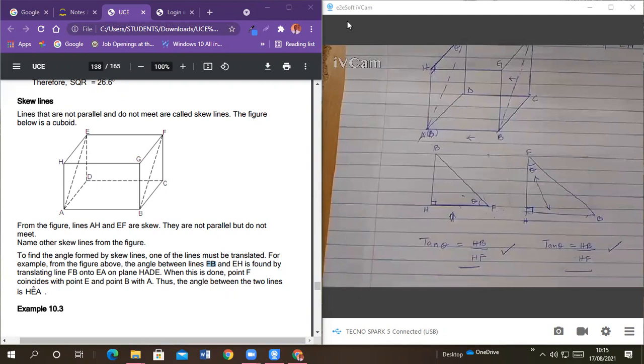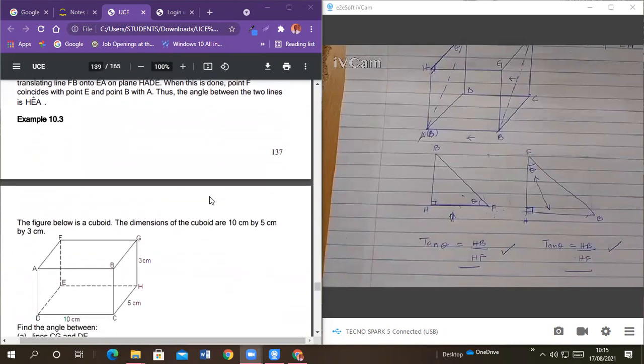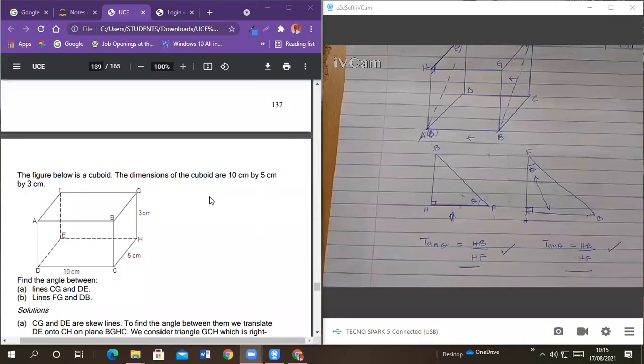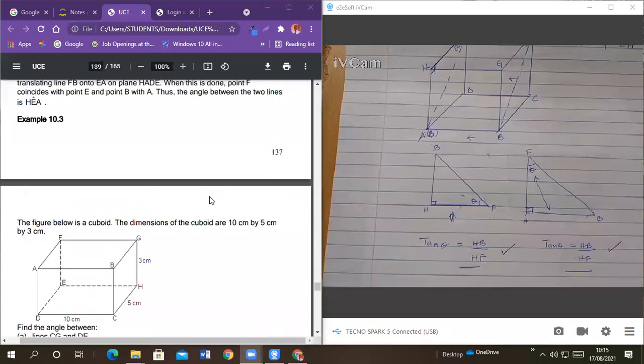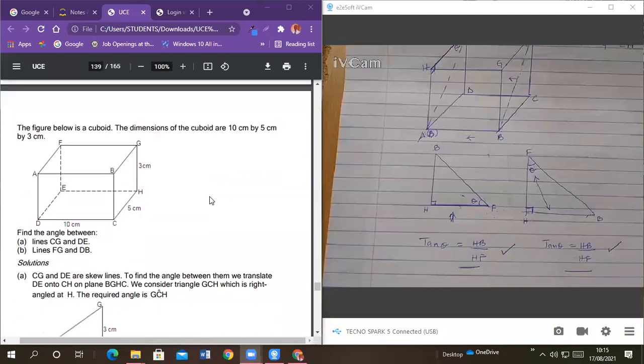So we are left with 2 minutes. Those 2 minutes, we can use them to work out this example, 10.3. They are saying that the figure below is a cuboid. The dimensions of the cuboid are 10 centimeters by 5 centimeters and 3 centimeters.